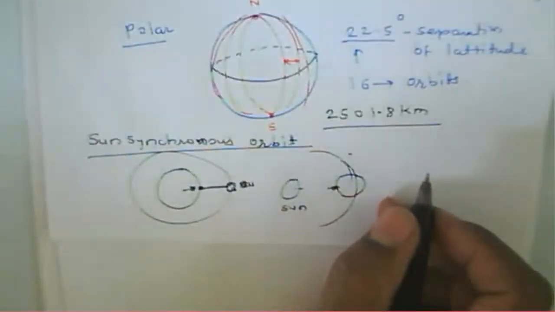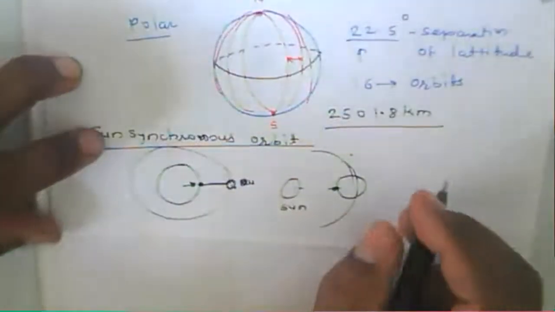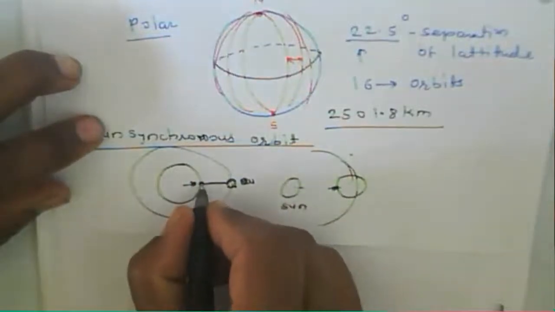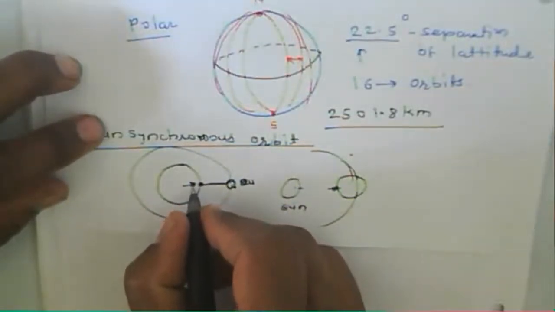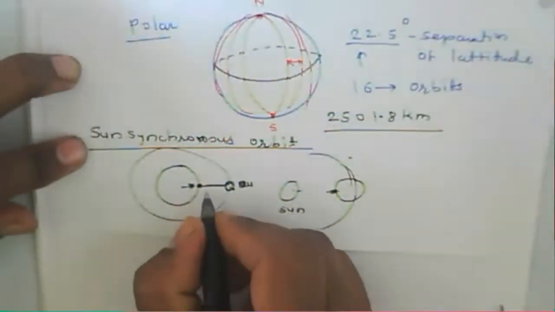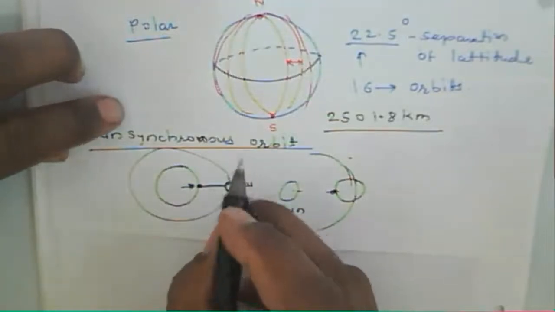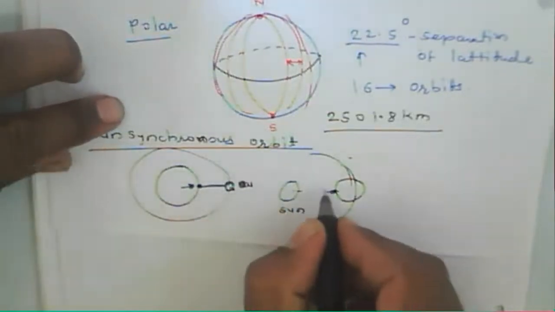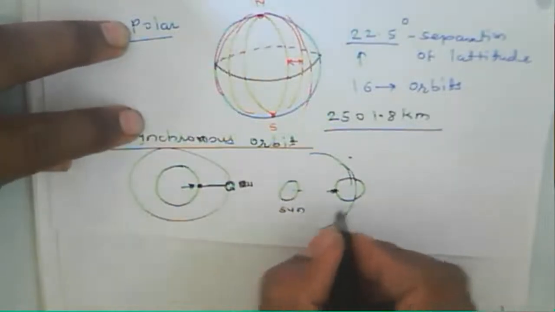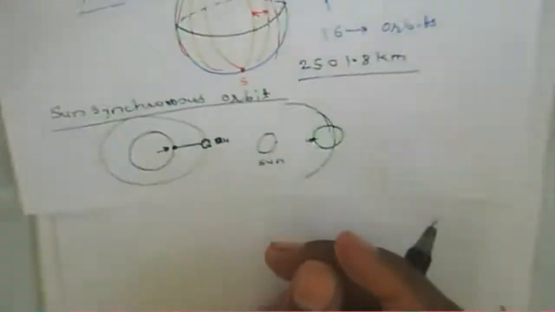So the satellite appears at the same point at the same local solar time of that particular day, as the Sun does, and that particular orbit is called a sun synchronous orbit.